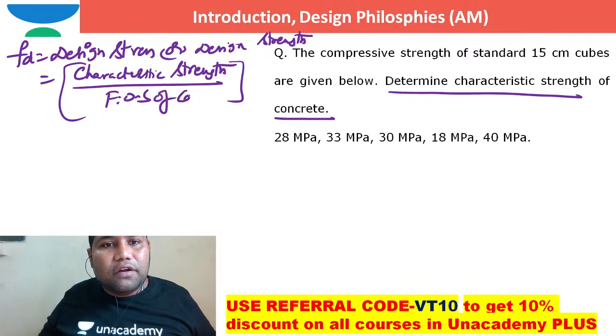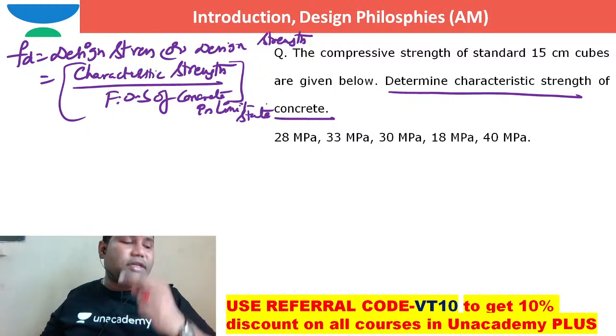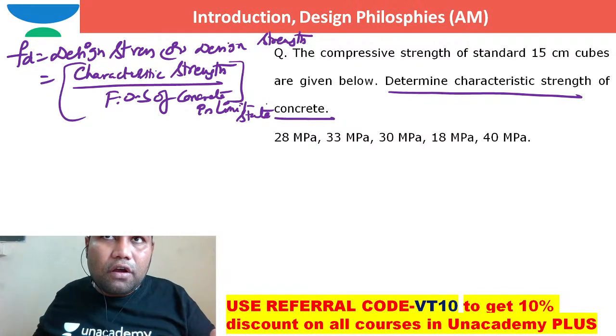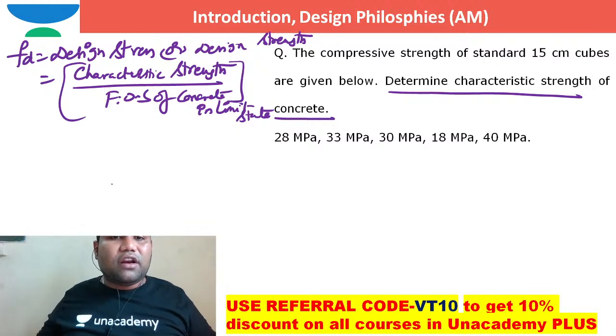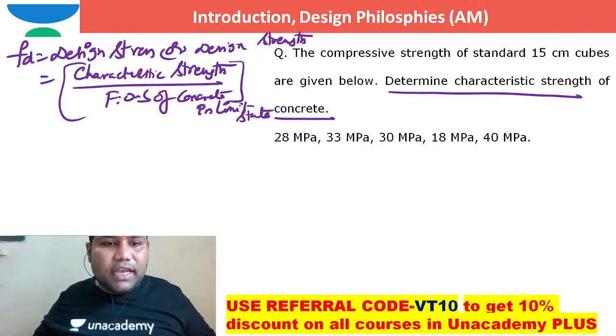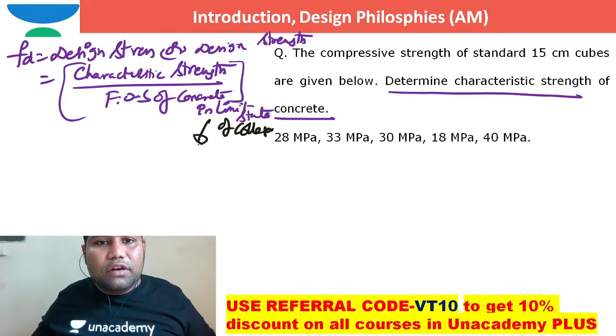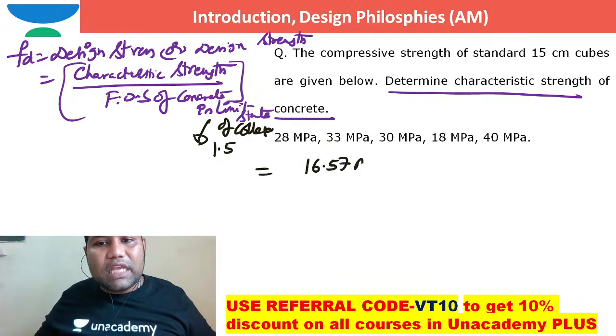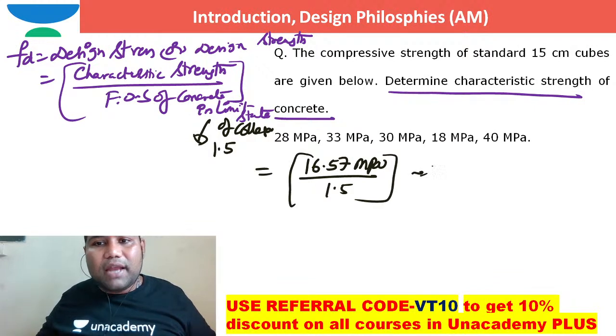For the factor of safety of concrete in limit state of collapse, there are two limit states: one is the limit state of collapse, and the other is the limit state of serviceability. So the factor of safety for concrete in limit state of collapse will be 1.5. In our present answer, we can write 16.57 megapascal by 1.5. This is how you can get the answer.